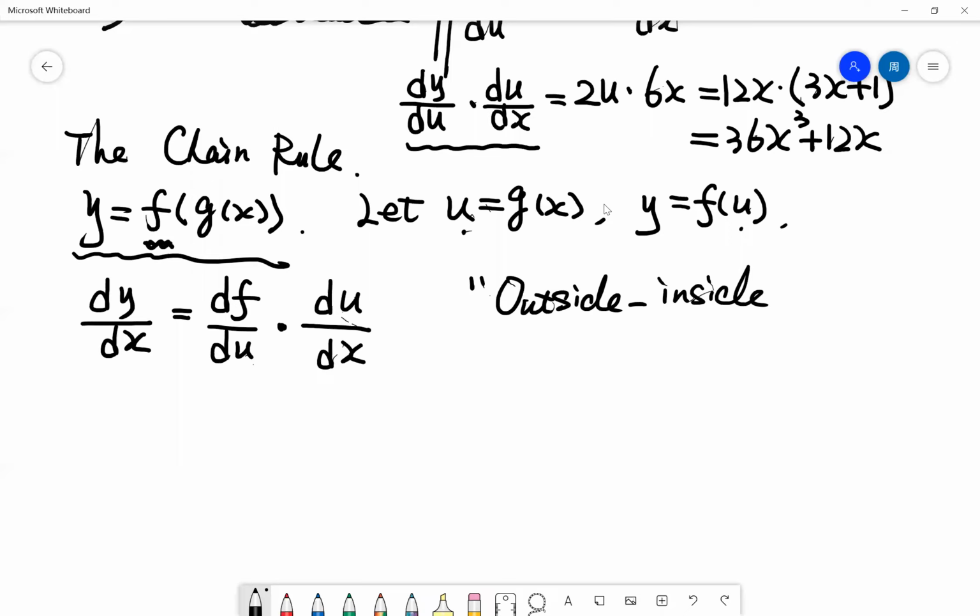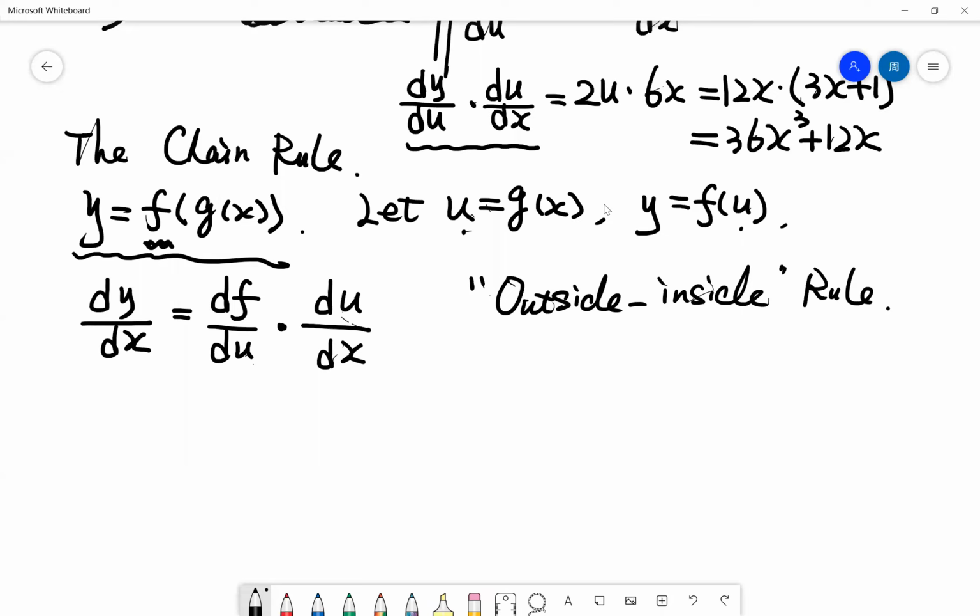So if you see a function that is a composite function, you first separate it part by part from outside to inside. Then calculate the derivative of each function and then multiply them. So that is the outside-inside rule, or the chain rule.